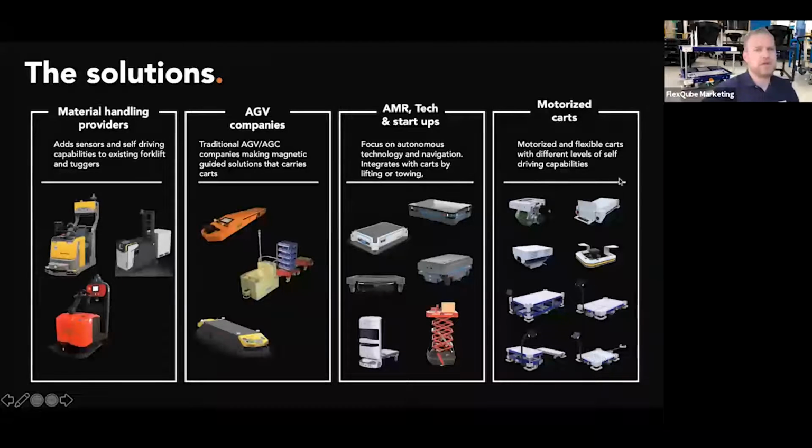We have the traditional AGV companies that make AGVs following a magnetic path and carrying carts around. We have the AMR, autonomous mobile robots, and they are focusing on pallet movements with a very high technology level, with natural navigation and so on. And then we have what we call motorized carts, which is the eQart segment, where you take industrial carts and equip them with motors and sensors and so on.